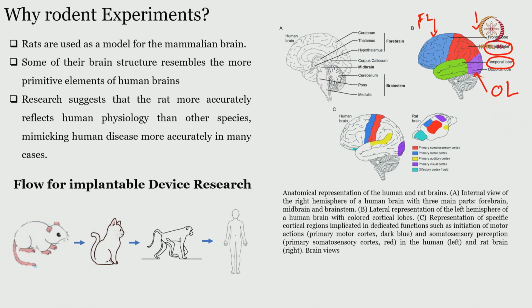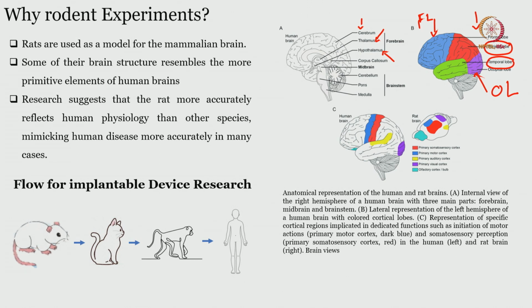Further, if you want to understand, then there is a cerebellum, thalamus, hypothalamus. This is your forebrain. Three things: one, cerebrum, second is thalamus, and third is hypothalamus. Then we have the midbrain, and then the brain stem, which has the cerebellum, pons and medulla.